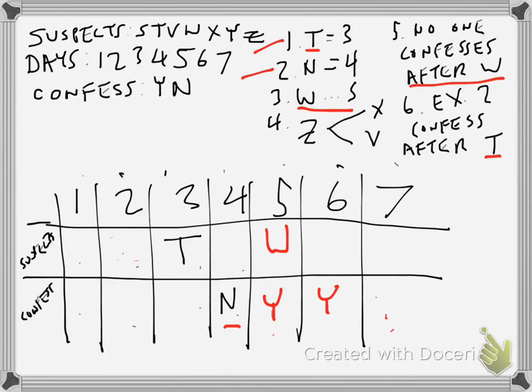Meaning, by default, and it's fine to experiment on test day, although if you can put all these pieces together yourself, that's even better, W must go in slot 6.